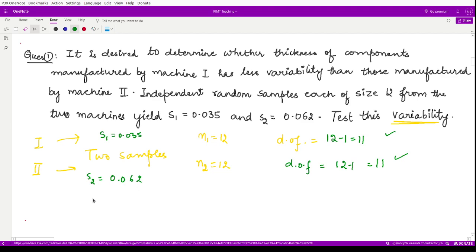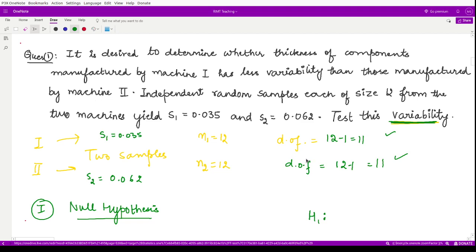Now first of all, we'll write the null hypothesis. Here we wanted to check whether there is any difference in the variability of the products manufactured by two machines.